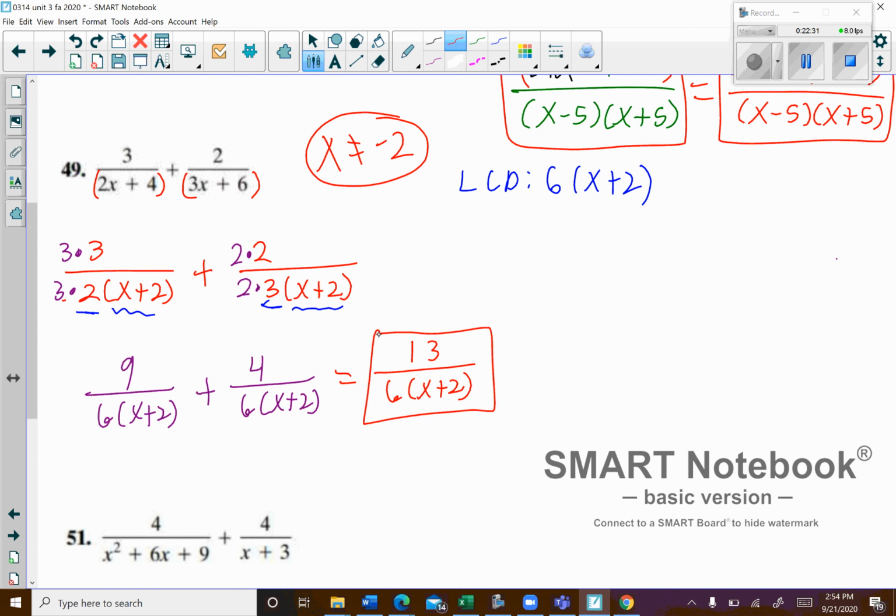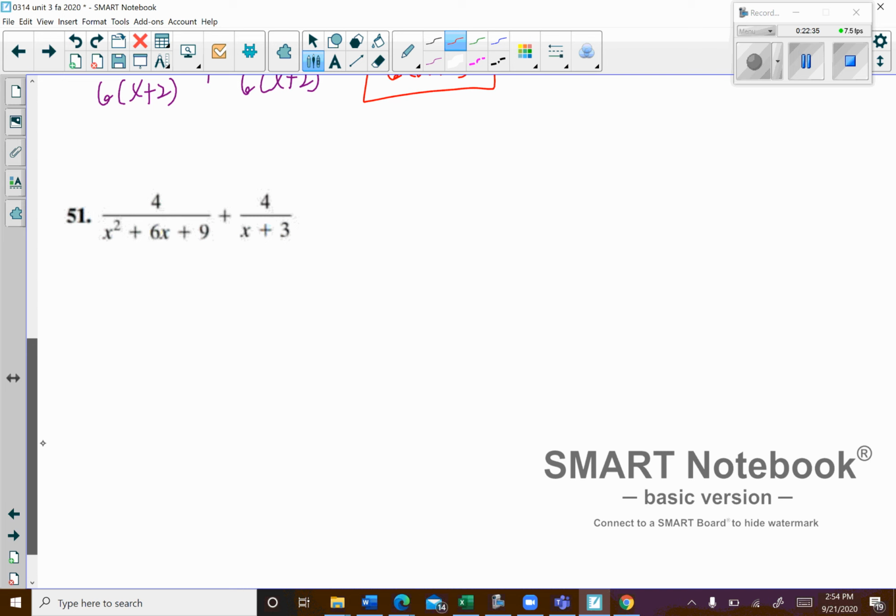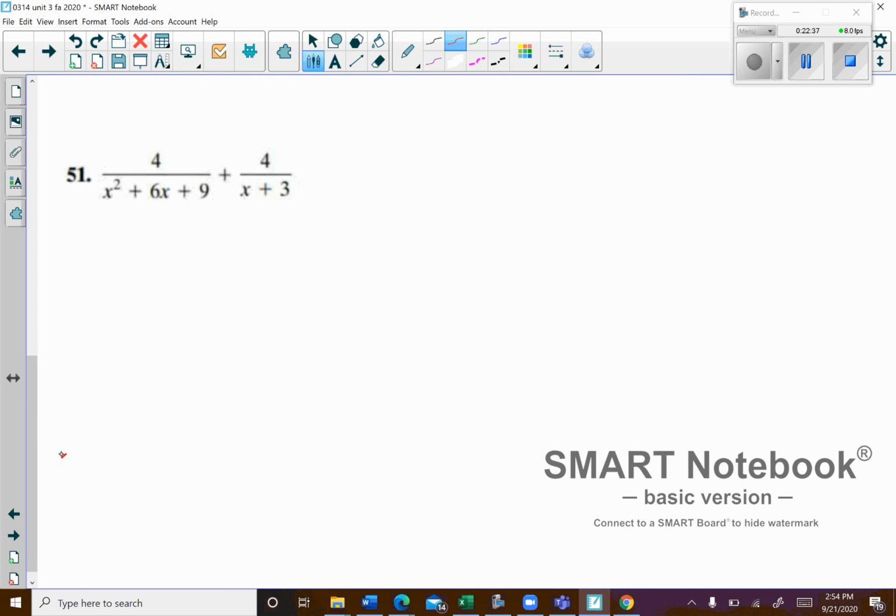All right, so I have one last one for us here. On this particular example, I can factor my first denominator right here. So we want to go ahead and do that, and then we'll list the excluded values. So this is going to be 4 over x plus 3, x plus 3.